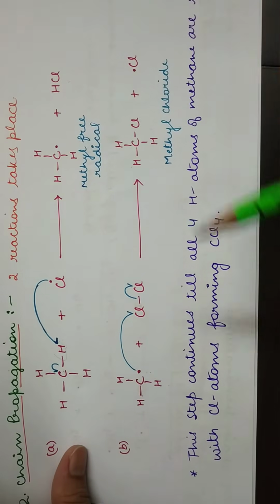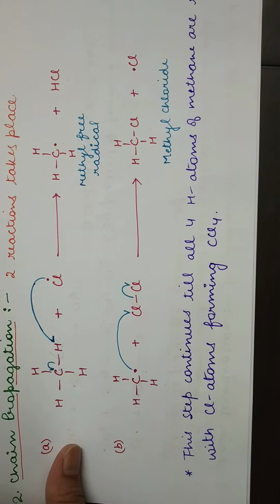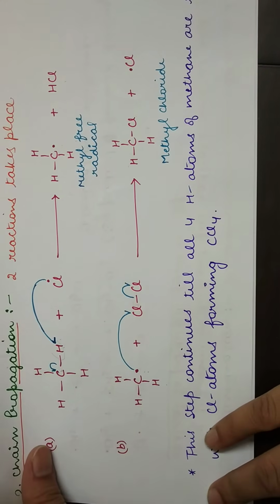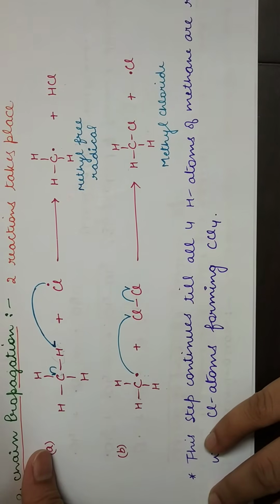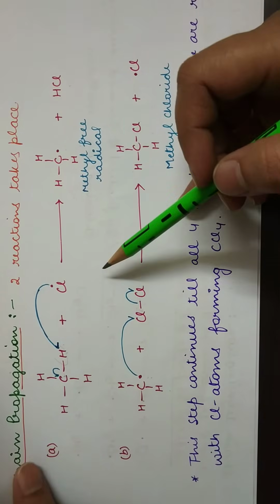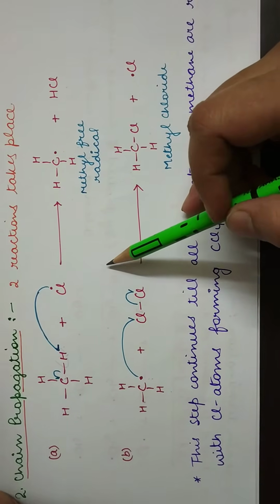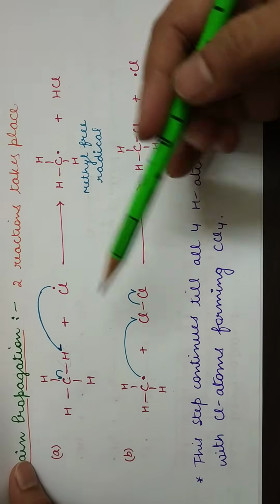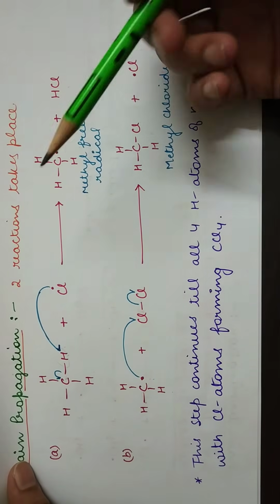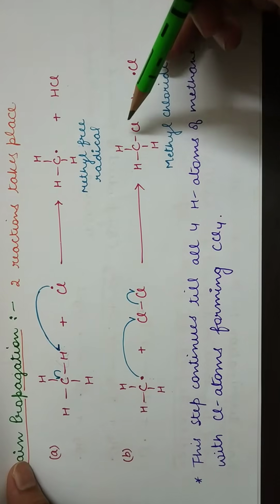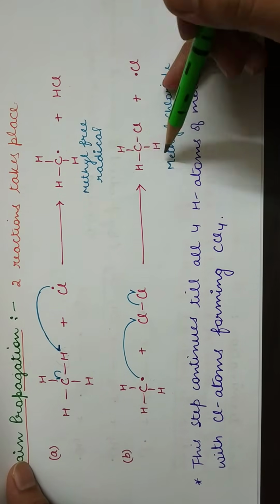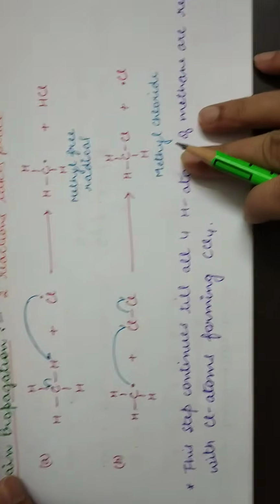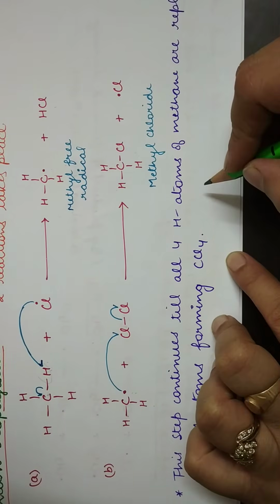So this reaction takes place for a considerable time, because all the hydrogen atoms in the reaction mixture of the methane will be removed by the chlorine. This reaction is called the chain propagation reaction, because in this step the chain reaction continues to happen, removing all the hydrogen atoms from the methane and replacing them all with chlorine, forming CCl4, that is carbon tetrachloride.